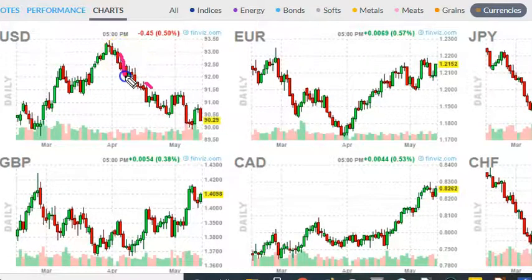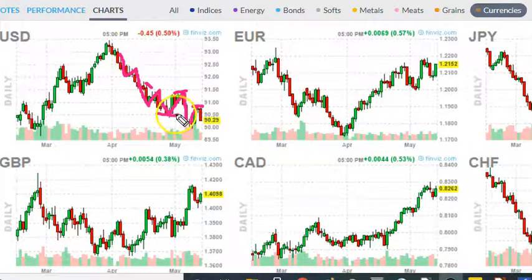It makes a lower low, lower high, lower low, lower high, lower low, lower high, lower low. You see here, once price comes here, it takes out this previous low, which makes this the lower low, and again went up to make a lower high. This lower high is lower than the previous high, okay?